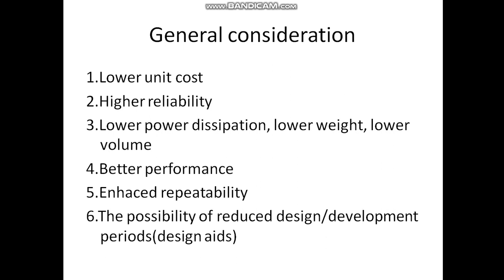We know that it takes time to design and develop a structure. If the structures are repetitive, then the overall design time can be reduced. And we can also reduce the design and development time by using computer aided tools, the automated tools.